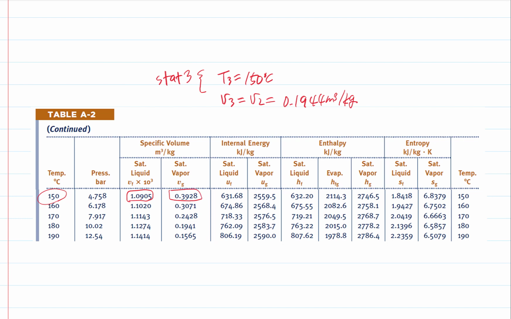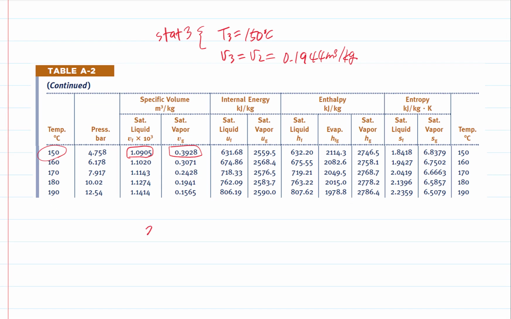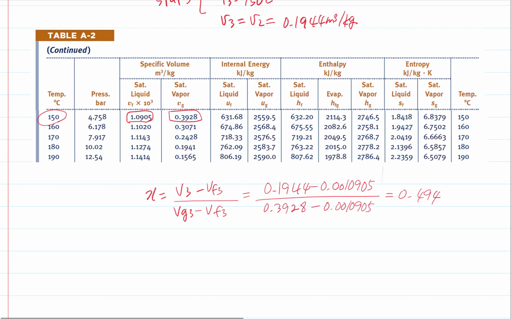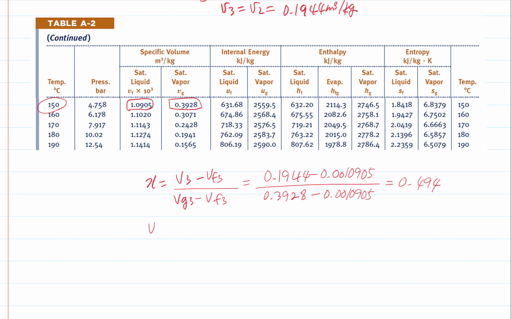So we can calculate quality of state 3. Quality at state 3. From the quality, we can also determine the internal energy at state 3. At 150 degrees Celsius, internal energy of saturated liquid, internal energy of saturated vapor.